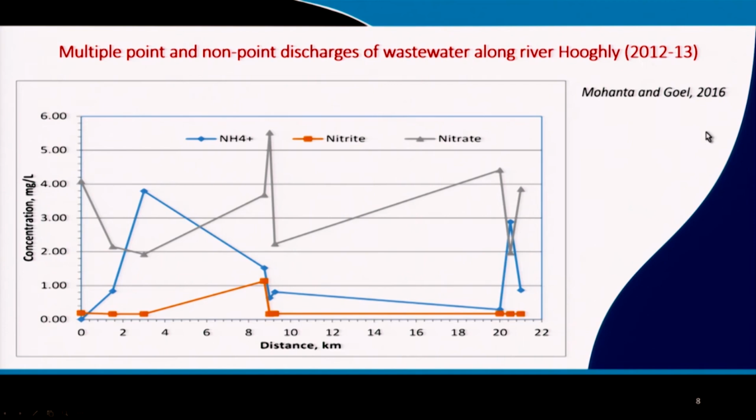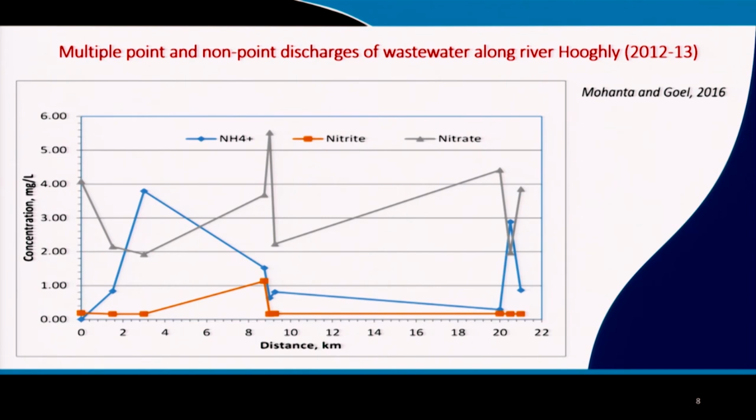It's been published in a paper, and what it shows us is the same rise and fall, but this rise and fall in the concentration is a function of the multiple point and non-point discharges of wastewater.